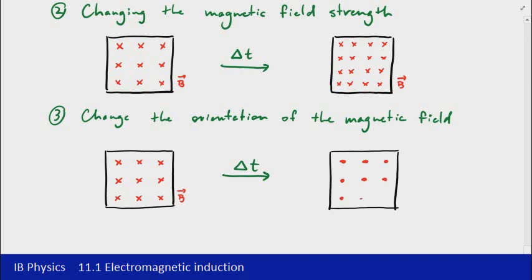So in that case we'll see that there is a change in flux due to the change in orientation of the field. The strength of the field hasn't changed, it's just the direction that's changed.